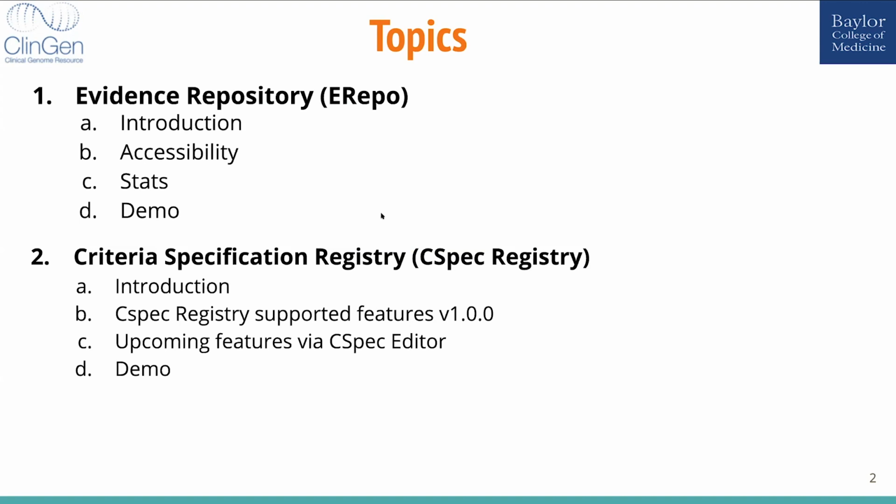This is supposed to be a casual session, but just to give some background, especially if there are any new ClinGen members, I just want to introduce where E-Repo belongs in the ClinGen ecosystem, talk about how they can access E-Repo, both API and public webpage, some numbers about E-Repo, and a demo after that. The second section would talk briefly about Criteria Specification Registry. It's a very new tool. I'll just show some basic features that we have with our first release.